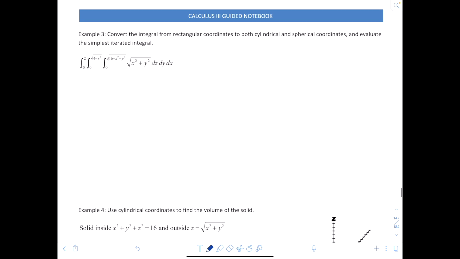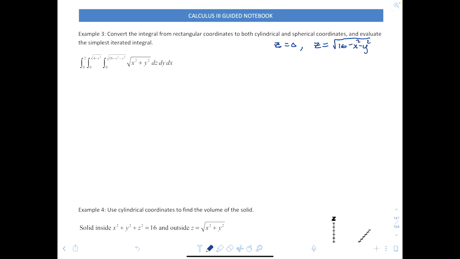Let's see what we have going on. So z is bound between, I'm using those most inside limits of integration, so z is bound between 0 and the square root of 16 minus x squared minus y squared.